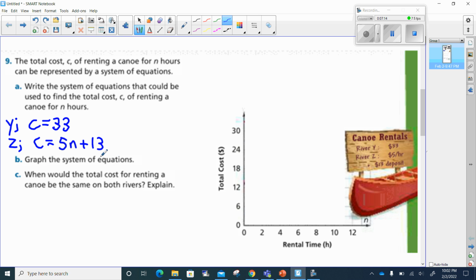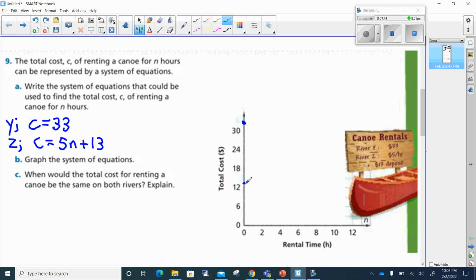All right, now it says graph the system of equations. If I graph it, the cost of my first one is going to be 33. These go up by 6, so 33 is going to be about halfway up, maybe about here. And then over here, 5n plus 13, we'd be at 13 for my intercept, right?